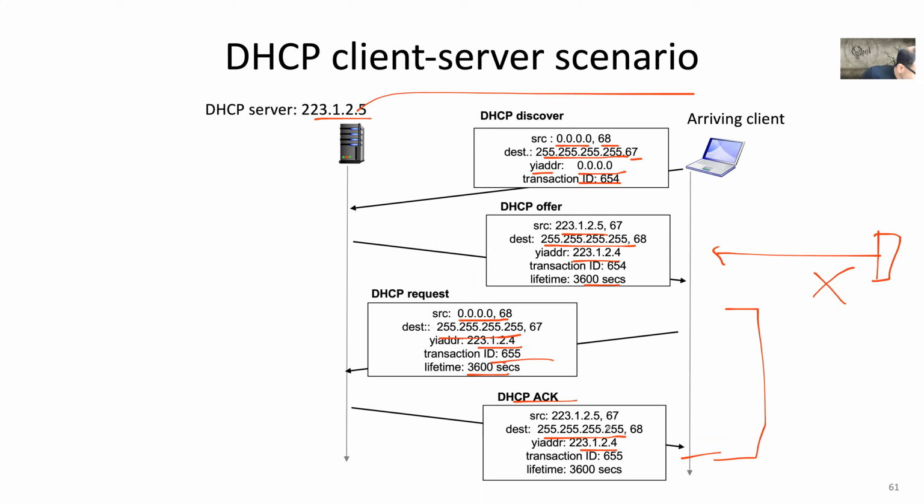So let me look at a question. How come it uses a hard-coded source port? Which I think that's the standard for DHCP to use.